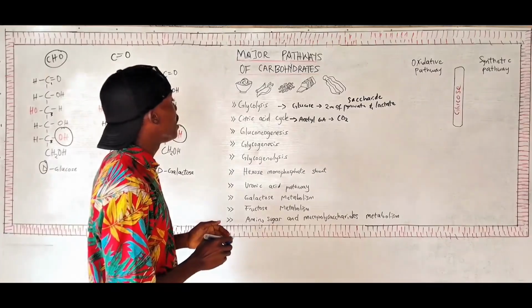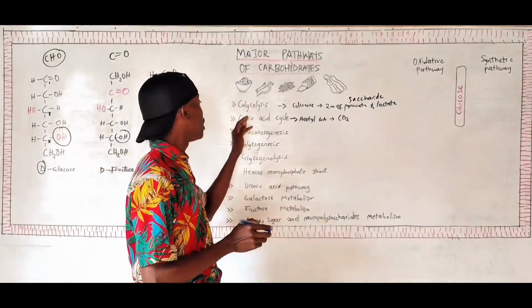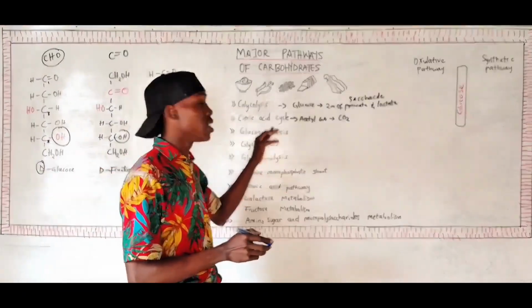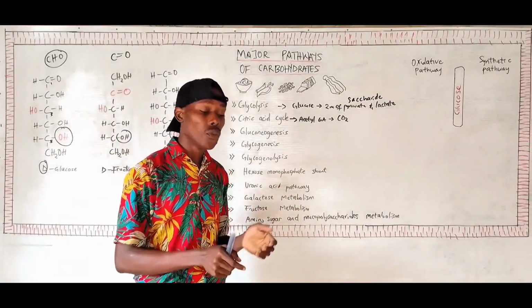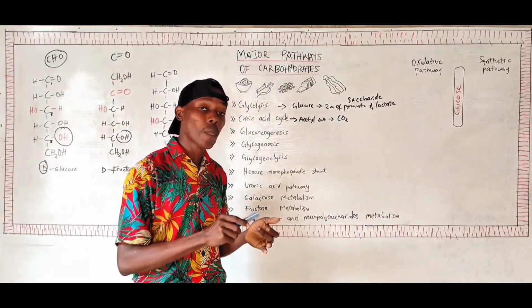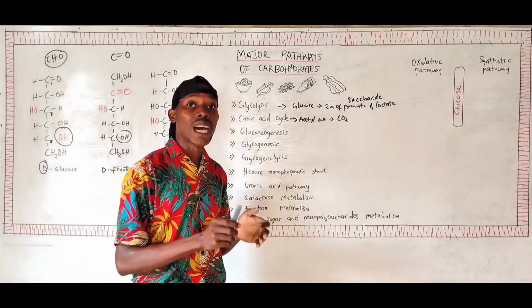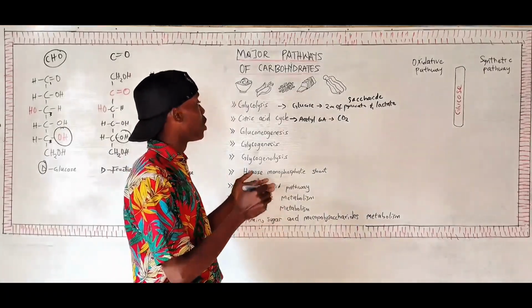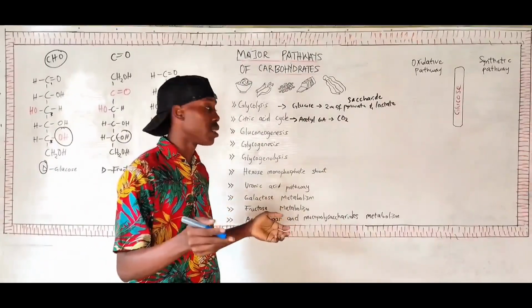And it is the final common pathway. This Krebs cycle or citric acid cycle is the final common oxidative pathway for carbohydrates, amino acids, or fats through acetyl-CoA. That is, acetyl-CoA can link to carbohydrates, can link to amino acids, can link to fats.